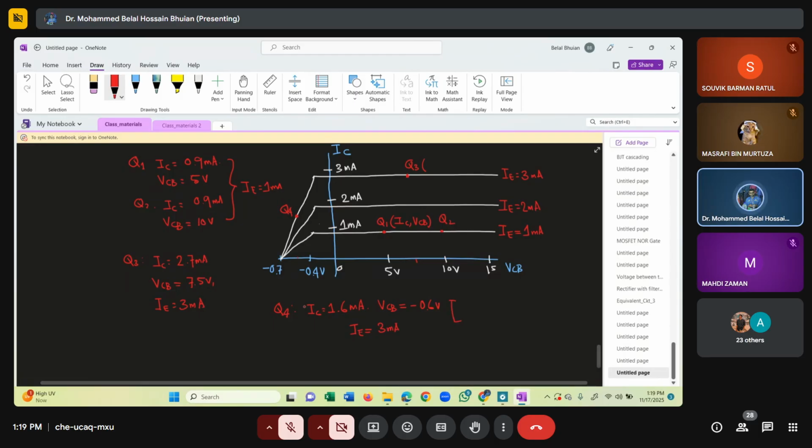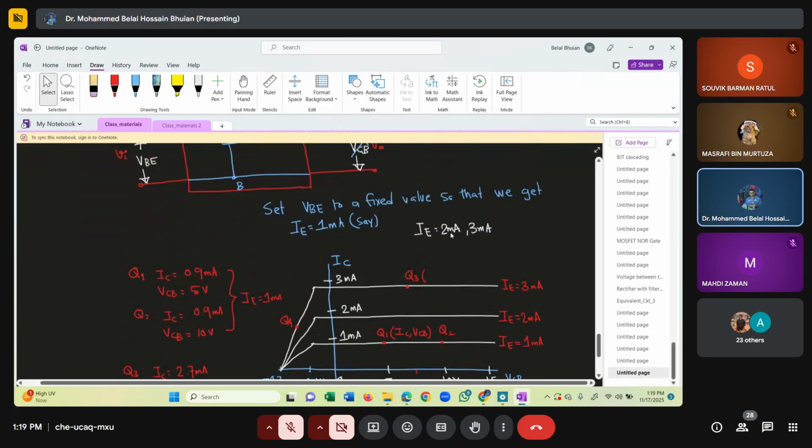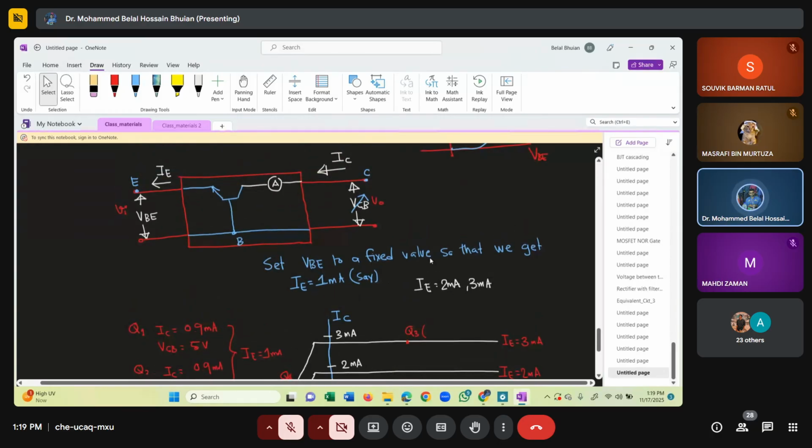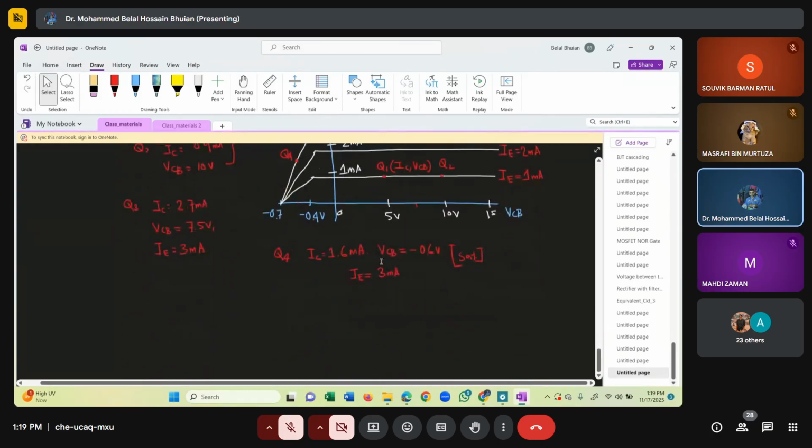So in fact, it's operating in the saturation zone. So that is our common base configuration.